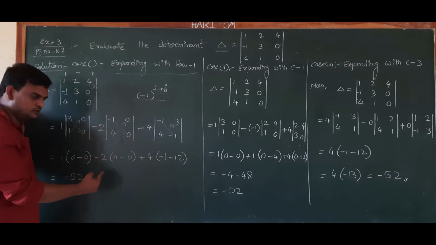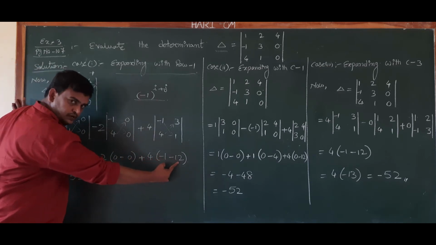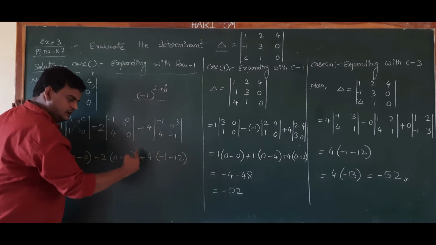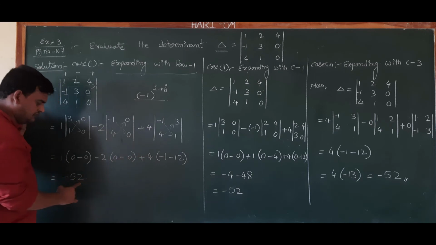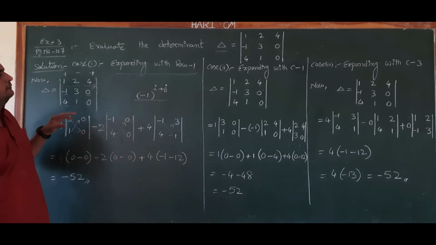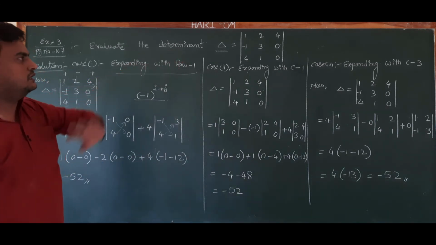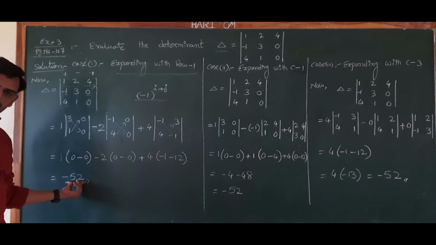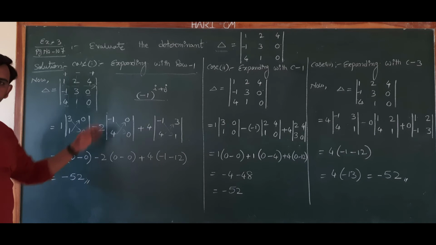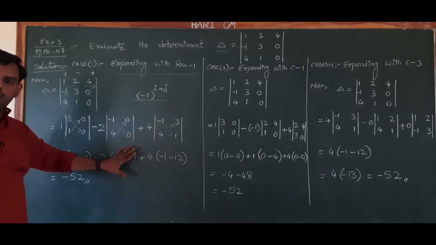Now minus 1, minus 12, minus 13. Minus 13 into plus 4, plus into minus, minus 13 4s are 52. So finally the determinant of the given 3 by 3 matrix is minus 52. This is about expansion with row 1.